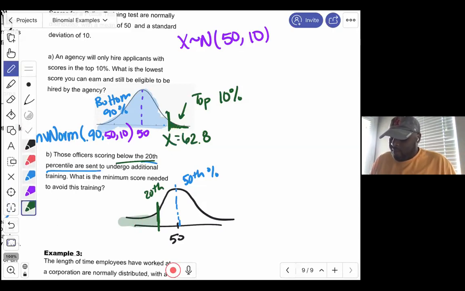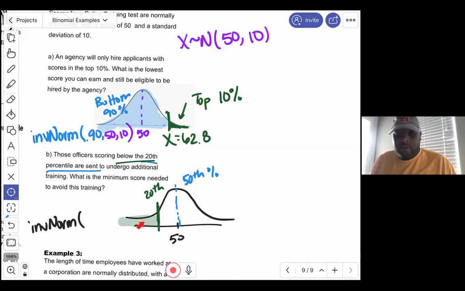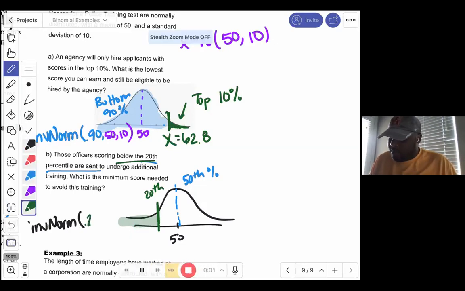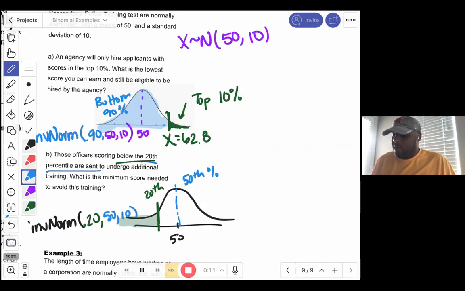So this means that when I type this into my calculator, it's inverse norm. The lower bound, the 20th percentile, is already correctly shaded to the left. It's on the left hand, the left tail. So all I'm gonna do is type this in as 0.2. I don't need to change that to 0.8. Leave it as 0.2 because you're on the left-hand side. The mean is 50, and the standard deviation is 10.